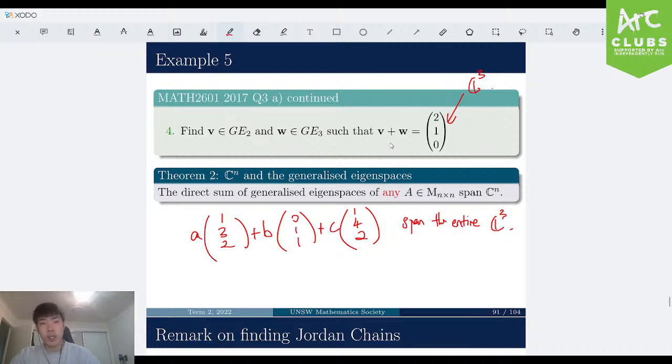Which means if we want a linear combination of these 3 vectors to equal 2, 1, 0, we know for sure that that will be possible by this theorem, right? Because the span of the generalized eigenspaces of our matrix A will form any vector we want in C3, okay?